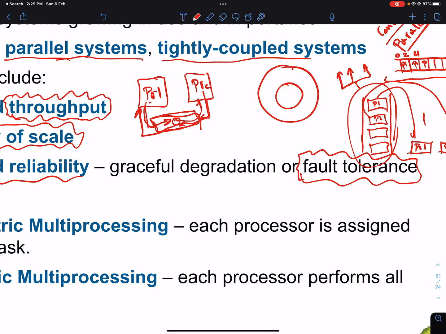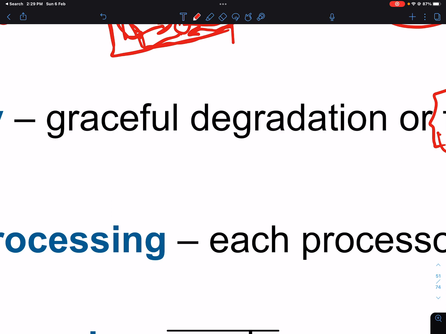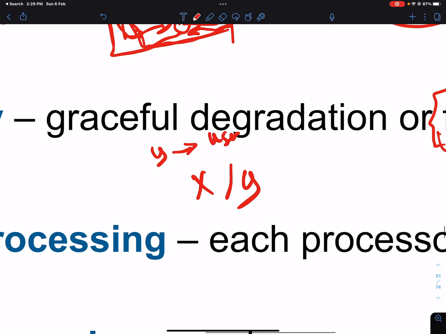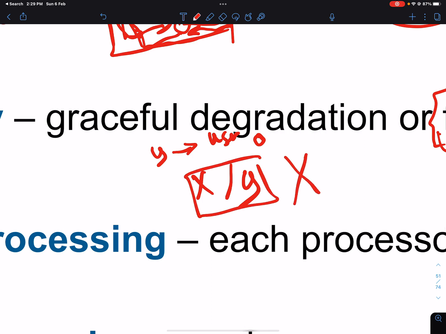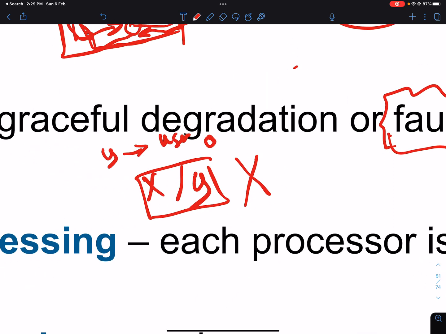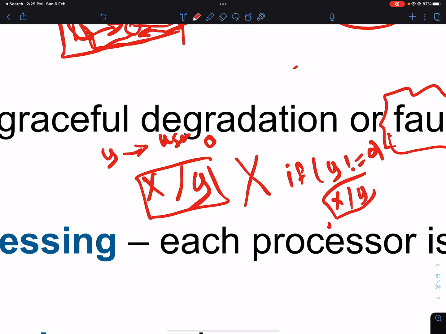As an example, you wrote a program that calculates X divided by Y, and Y is being read from the user. If the user enters 0 and your program breaks because you're dividing by 0, you don't have any fault tolerance here. How would your system have fault tolerance? You either use try and catch, so exceptions, for those who studied exceptions, or you can just use an if statement: if Y doesn't equal 0, then get X divided by Y, else go for an error message or whatever.